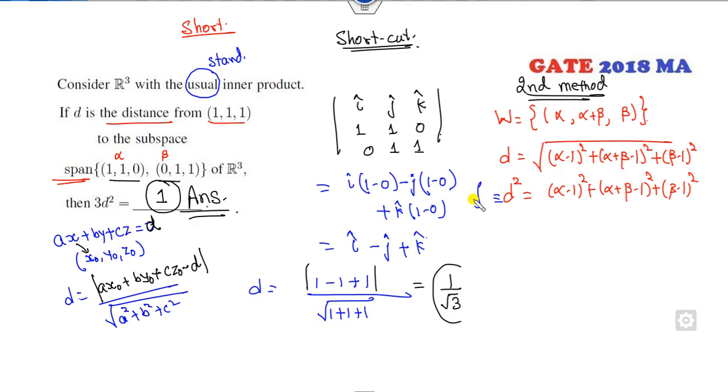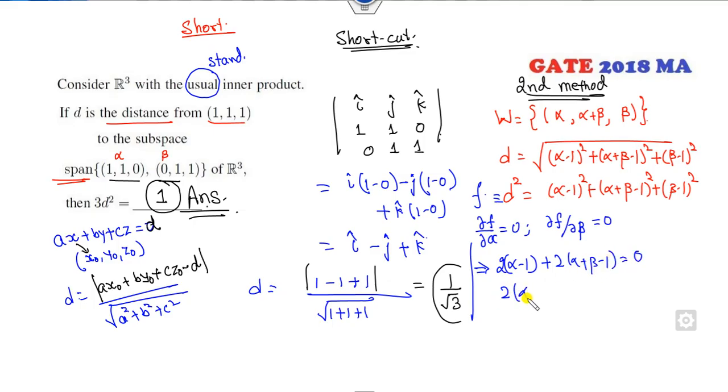If I consider this as my f, how can you find the unknown values? You take the partial derivative with respect to alpha and beta and set them to 0.